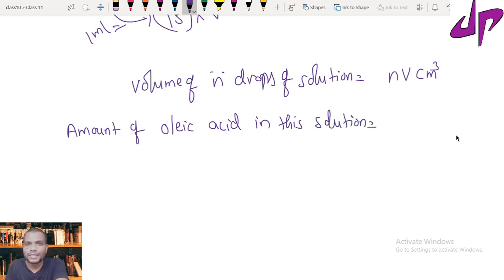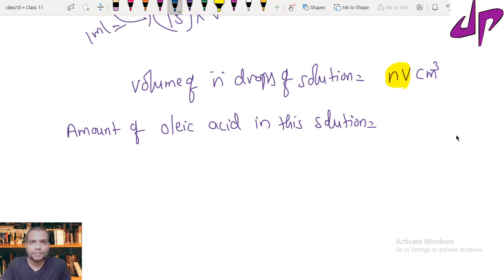If you take this much volume, in this volume how much oleic acid is present, because we diluted that. When you dilute it, we diluted it twice with the 20 centimeter cube. Automatically the amount of oleic acid in that dropper solution will be reduced. So how much can we write?